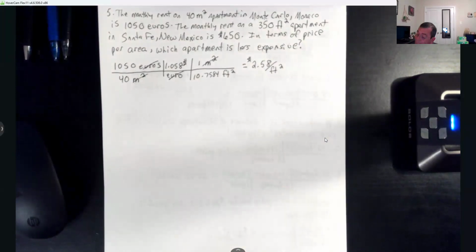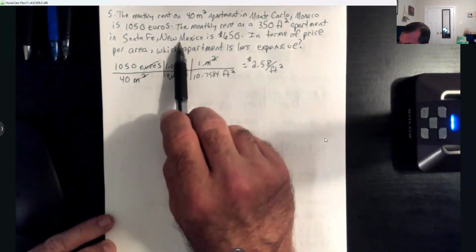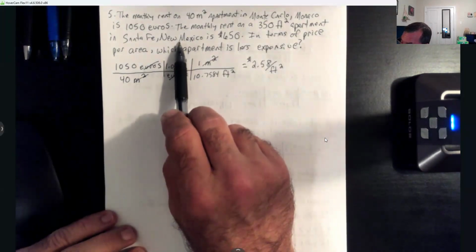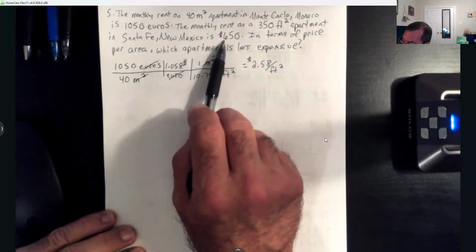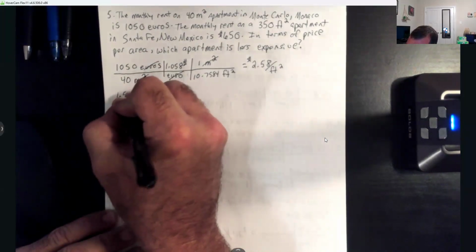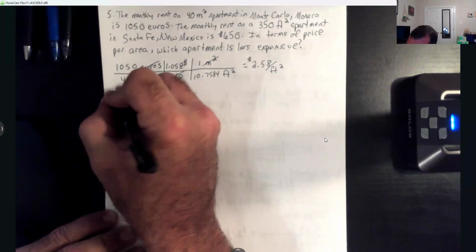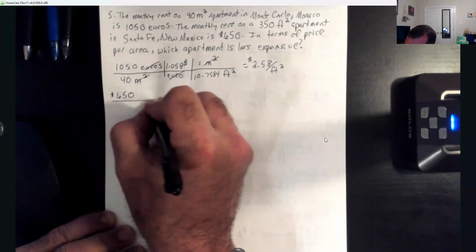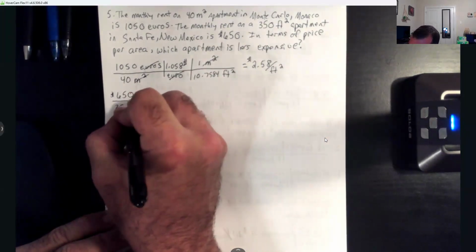All right, so we need to do that with the Santa Fe apartment. So they're telling me that it costs $650 for a 350 square foot apartment.